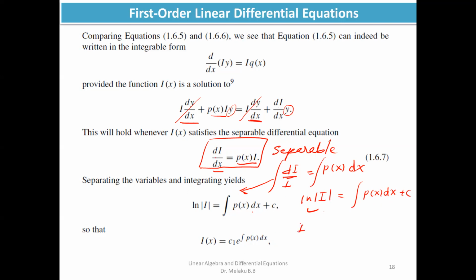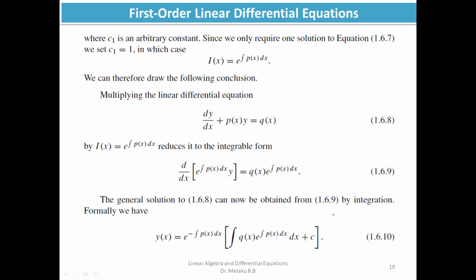Therefore, what is I(x)? It will be e raised to the integration of p(x)dx. Because e to the power of c is another constant, maybe you can write it as c1 times e to the power of the integration of p(x)dx, where c1 is an arbitrary constant.